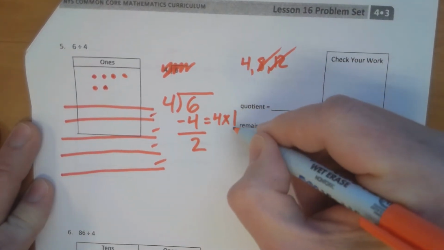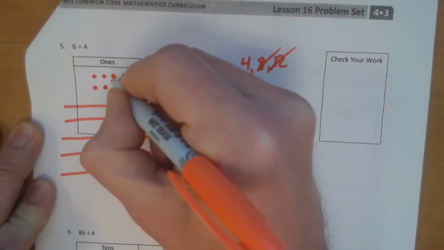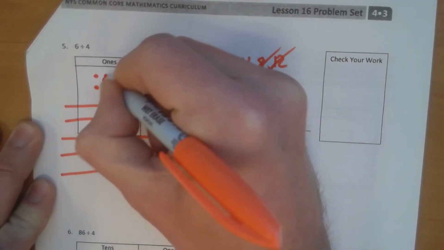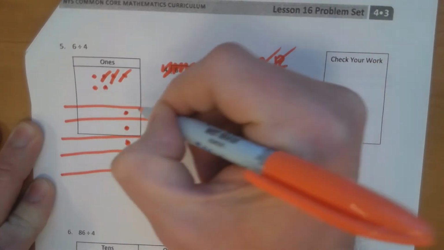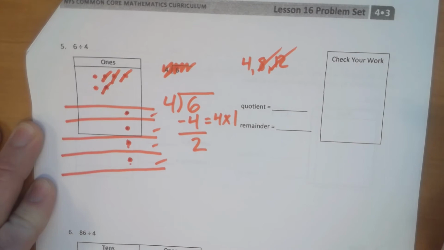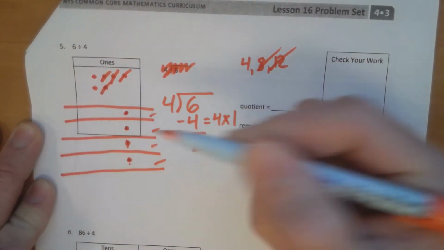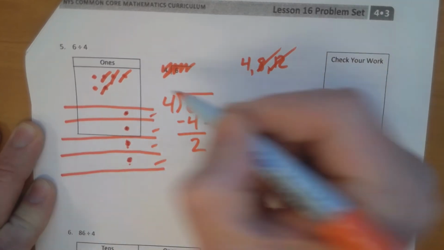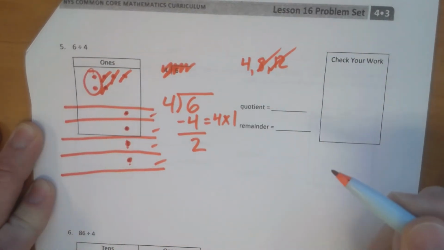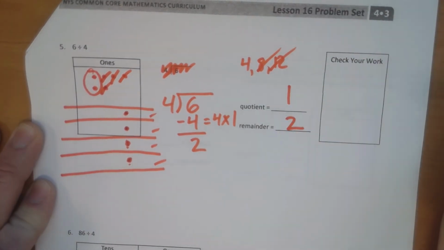So what this is telling me is that if I give every group 1, I'm only going to have 2 left over. And I gave away 1, 2, 3, 4. Look, every section, every person, however you want to think about it, gets 1, and there are 2 left over. So our quotient is 1 with a remainder of 2.